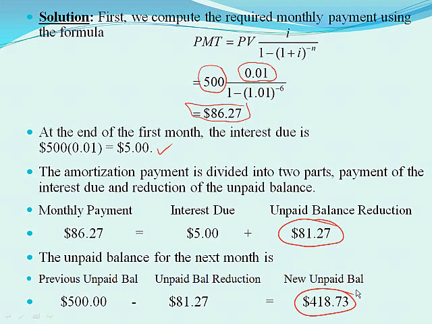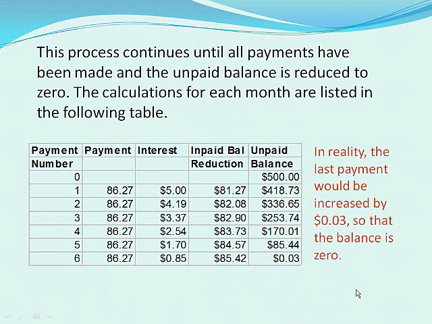Now we need to continue this for the second month. So we have a table here which is telling how the payments are split. For the second month, we are paying $86.27 monthly payment, but we only need to pay $4.19 as the interest. So that means we have $82.08 that can be used to reduce the loan amount.